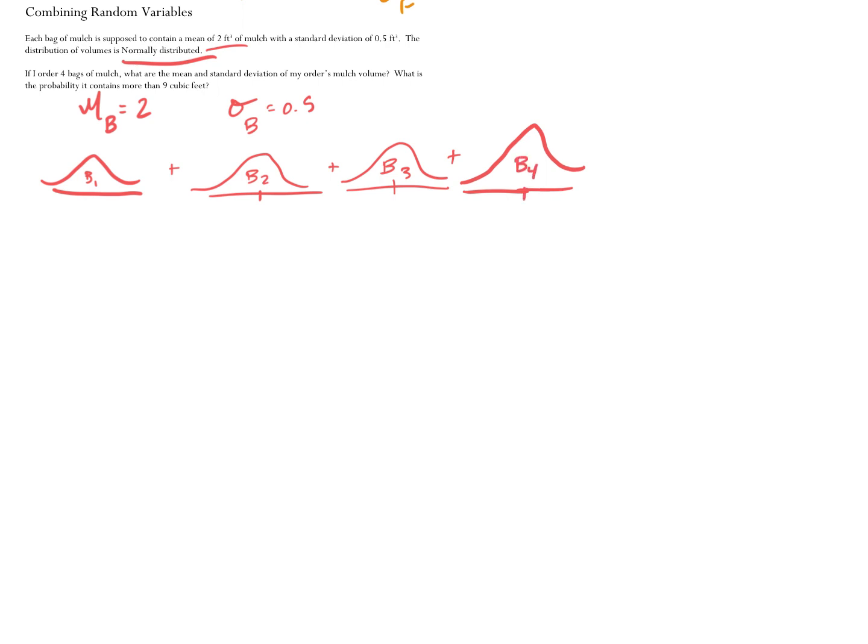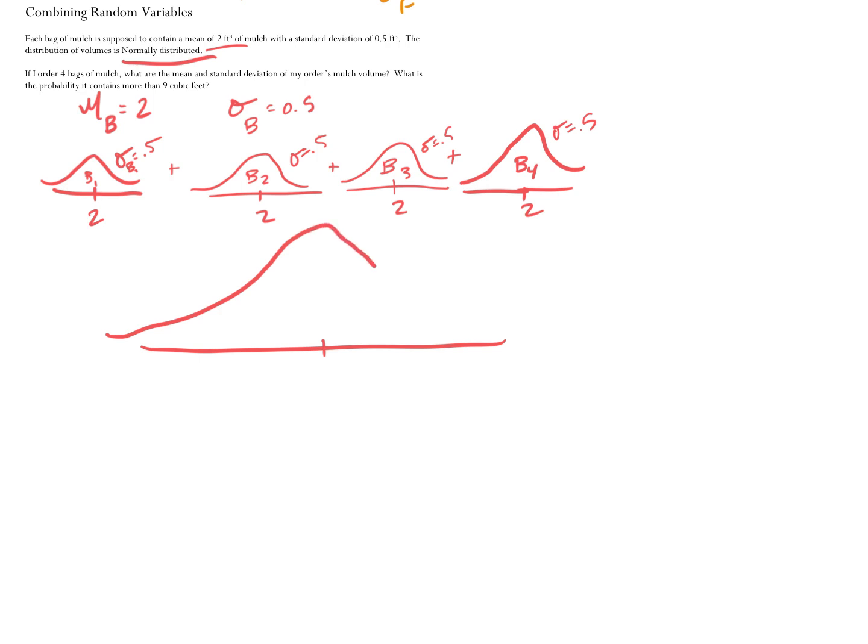Bag 4 is definitely the worst normal curve I've ever drawn. All right, and if I take 1 from each of these bags, and add them up, what does that new distribution look like?